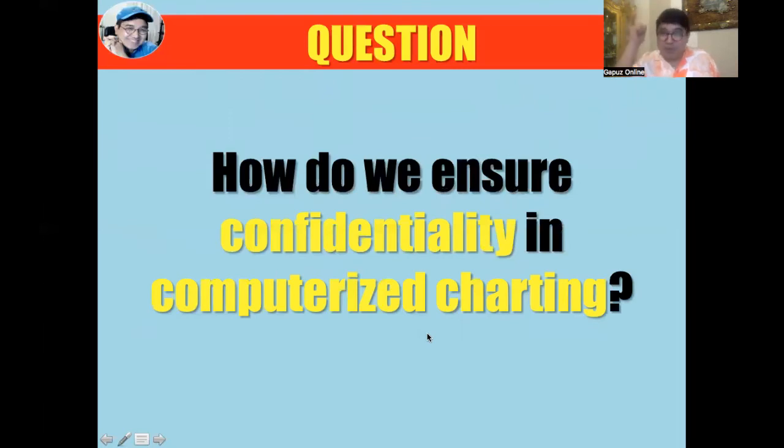So going back to our main question a while back, how do we ensure confidentiality in computerized charting? Here are some methods that are already built into some systems.